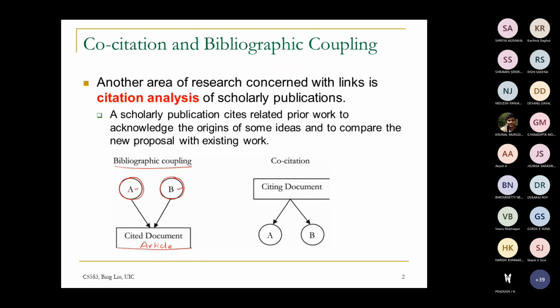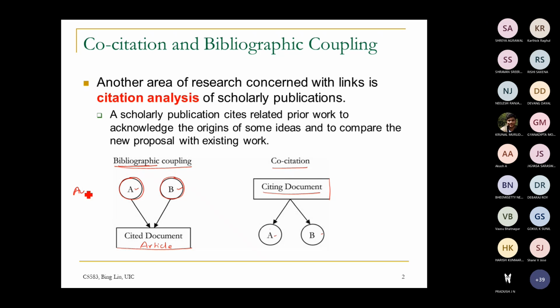That is called bibliographic coupling. What is co-citation? If there is a research article that is cited by both A and B, that is called co-citation coupling.